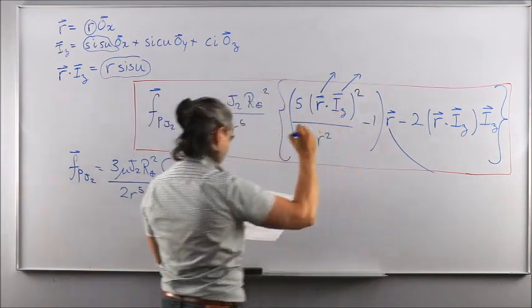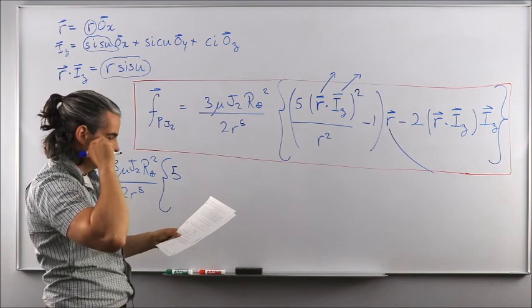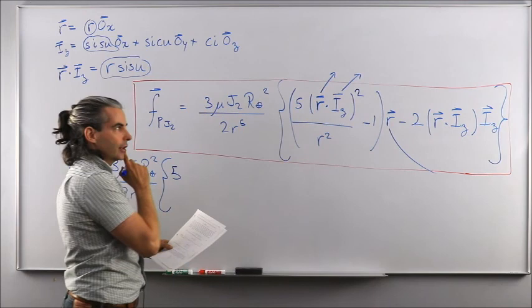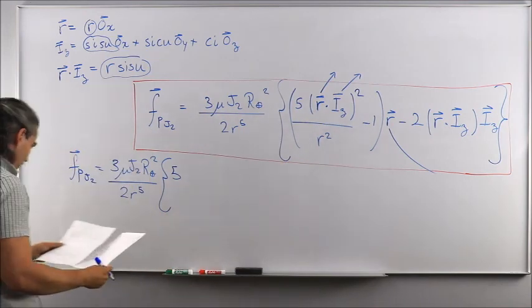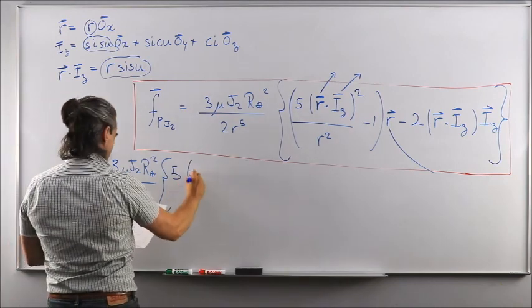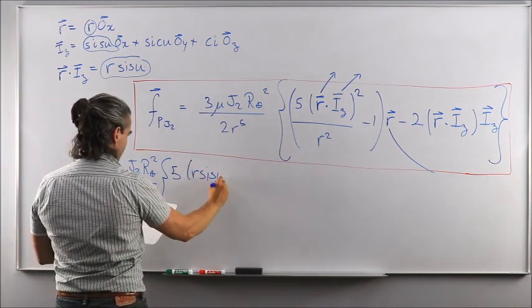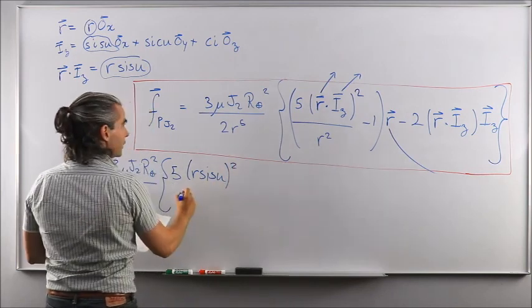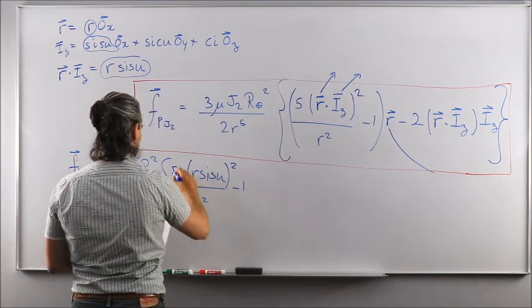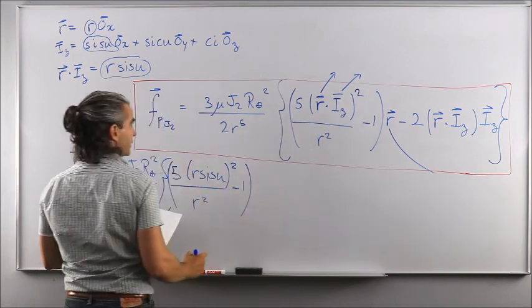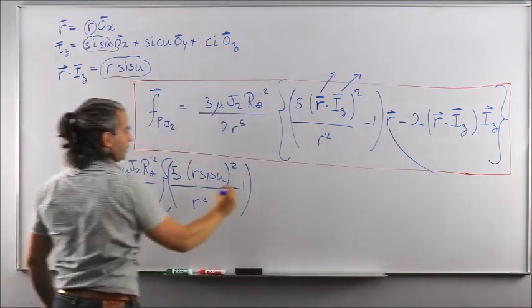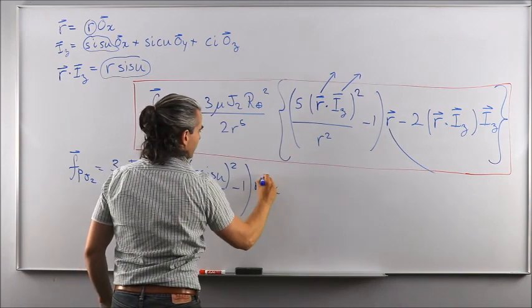I had forgotten the square here. Okay, apologies. This is equation 3.56 in the lecture notes. There is definitely a square term that goes there. I just missed it. So that is R sine I sine U square divided by R square minus 1. And all this is what multiplies R vector. And R vector is R magnitude times OX unit vector, like that.